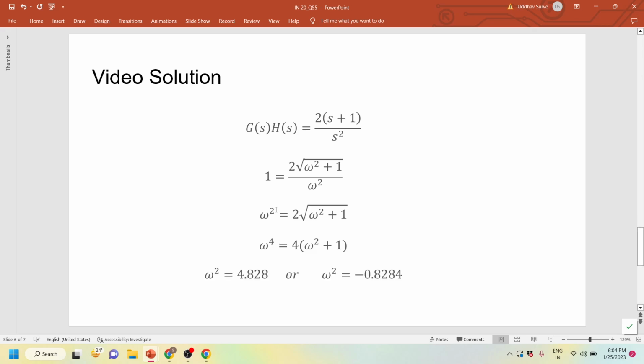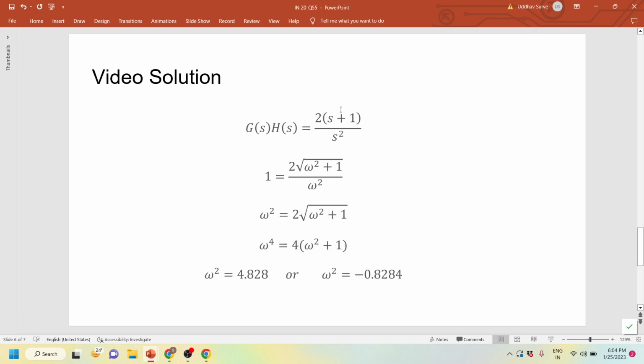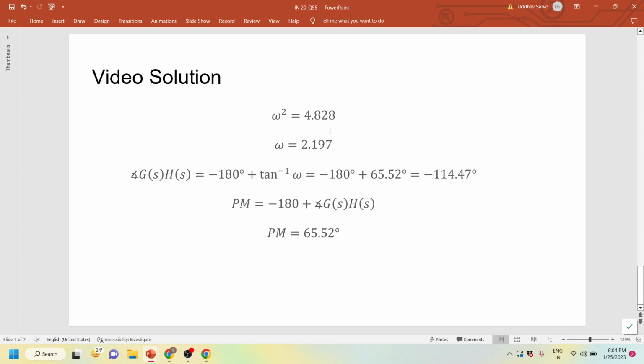We get two solutions: ω² equals 4.828 and ω² equals minus 0.8284. We disregard the negative term and take 4.828, so ω equals 2.197. From this transfer function we calculate the phase angle also.